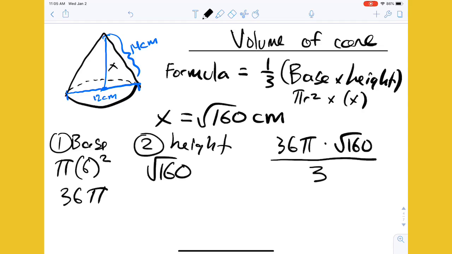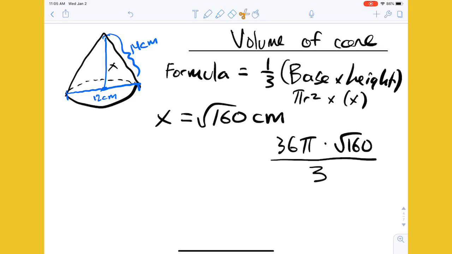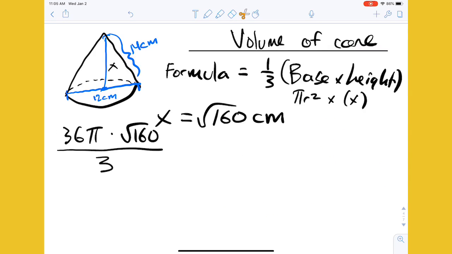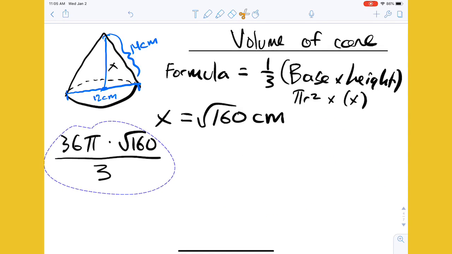So once we get this, what we're going to do is take away the square root of 160, and we're just going to round it. Let's move that over. And let's simplify. The square root of 160, so you can do this on your calculator, is equal to 12.649.